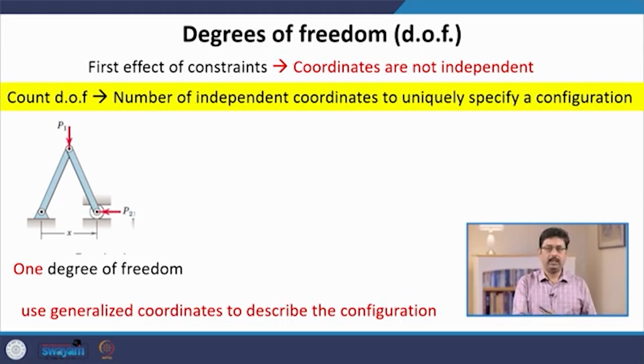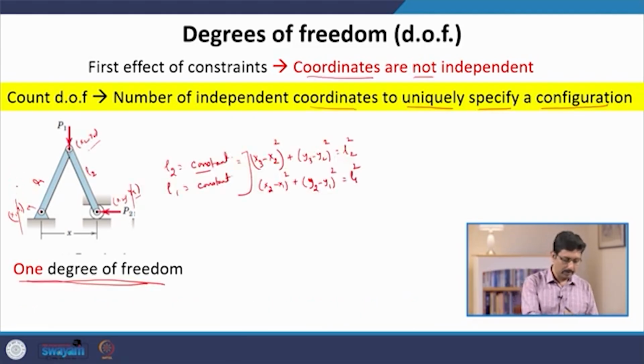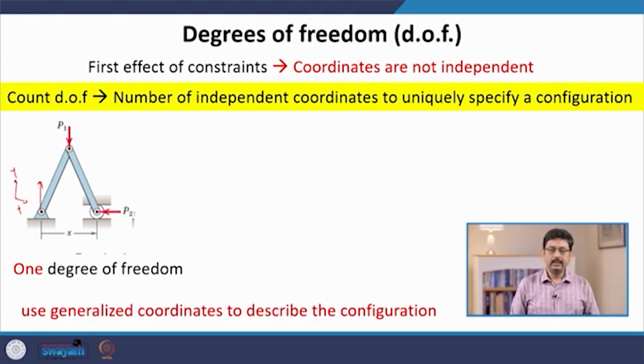For example, in our analysis we considered the Cartesian coordinates with respect to some arbitrary origin. So, let us say this is our y axis and this is our x axis. So, let us say this is my origin, this is my y axis, this is my x axis.